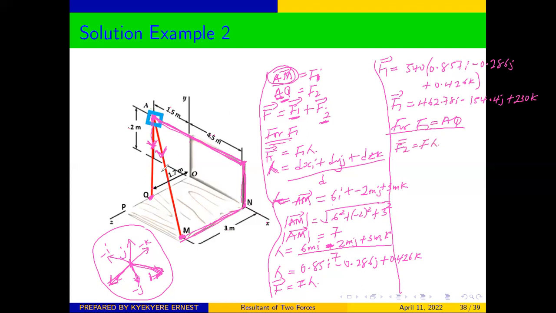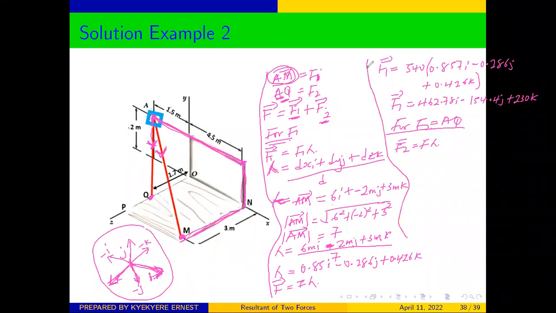In that case, we are not given the angles, but we have been given the distances. So we can get our lambda from the distances. So vector AQ will be equal to, sorry, that is not the magnitude, that should be rather the vector AQ.